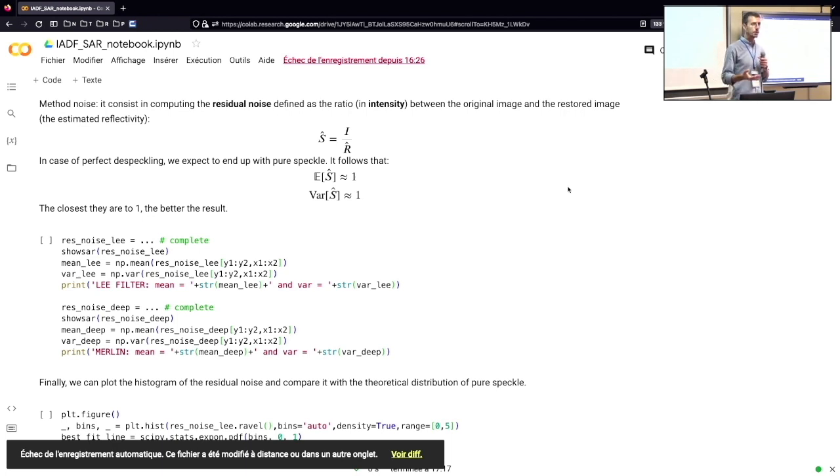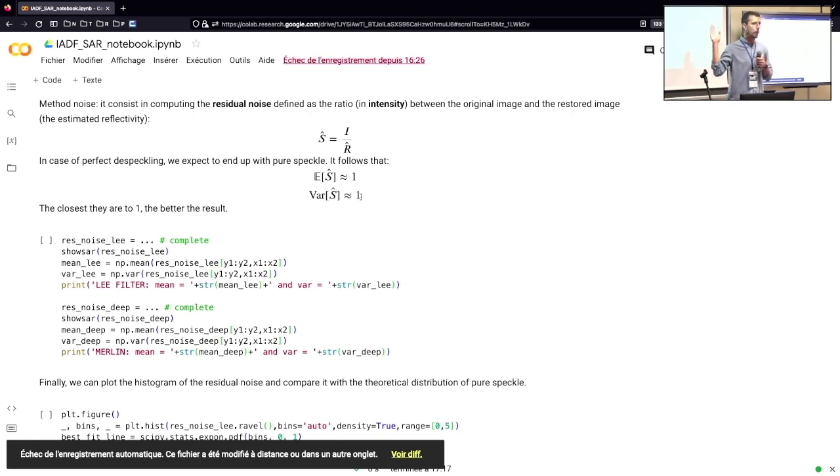So you can compute some statistics of the speckle component, knowing that your image is a single look image. So you want to find statistics that correspond to the model that holds for single look data. So you wish to find the mean of the speckle, which is equal to 1, and the variance of the speckle, which is equal to 1.